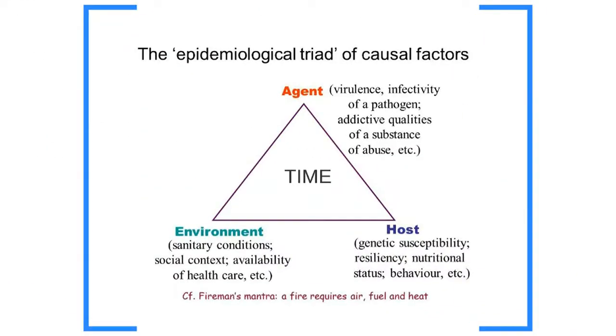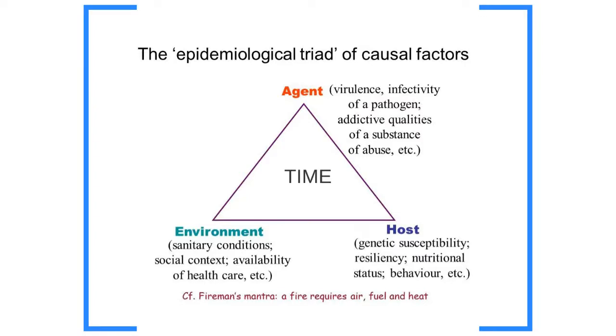For a person to get ill, it takes the agent, which is the pathogen, and some pathogens are more virulent, more easily transferred than others. It also takes a host, a person that is either susceptible because of lifestyle choices, genetically susceptible, or maybe a person that's not eating well, getting enough sleep, doesn't have good hygiene.